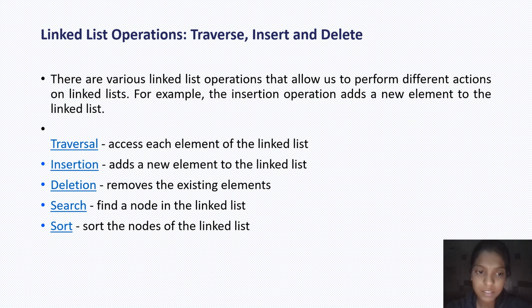First one is traverse, which accesses each element of a linked list, and the next one is insertion, which adds a new element to the linked list, and the next one is deletion, which removes the existing elements, and the next one is search, which finds a node in the linked list, and sort, which sorts the nodes of a linked list. So these are the 5 procedures we have to follow in the linked list operations: traverse, insertion, deletion, search and sort.